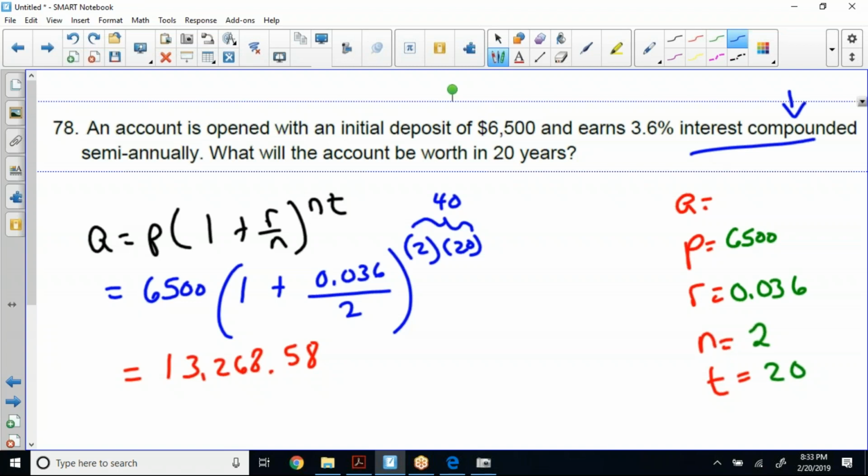You're either going to have compounded interest or continuous interest. How do you know the difference? It'll say it. It'll say compounded interest or it'll say continuous interest, so you don't have to worry about that.